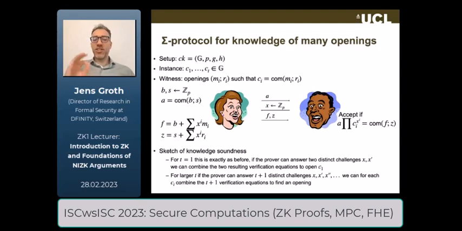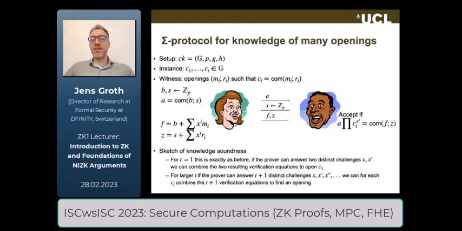Now, if T was equal to 1, this was exactly the same sigma protocol for knowledge of an opening as we had before. And we know there that if the prover could answer 2 distinct challenges, then we could combine the verification equations and open. With a larger T, you just need answers to more challenges.